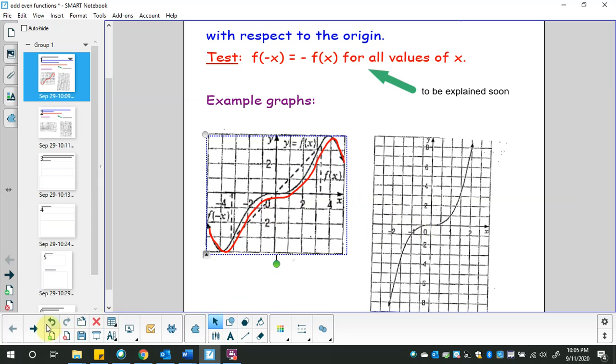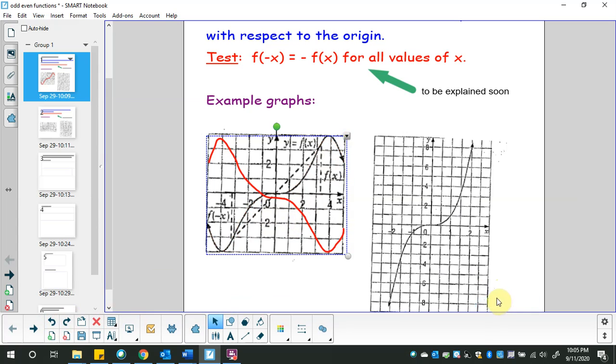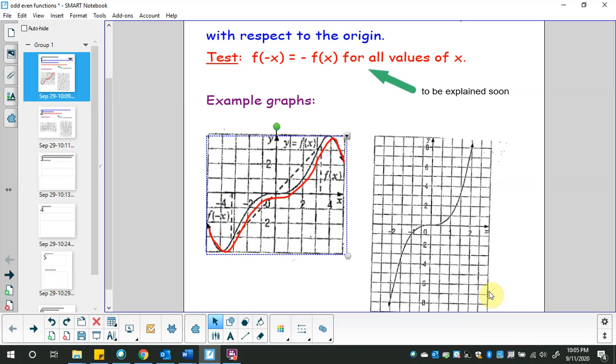Now another way to look at it is if you flip the curve up and down and then flip it left to right, does it land on itself? And if the answer is yes, then you have an odd function.